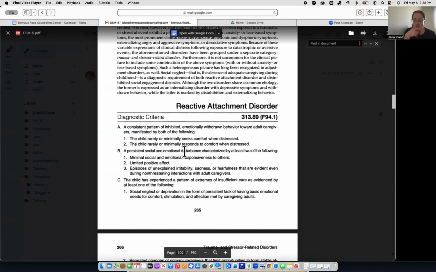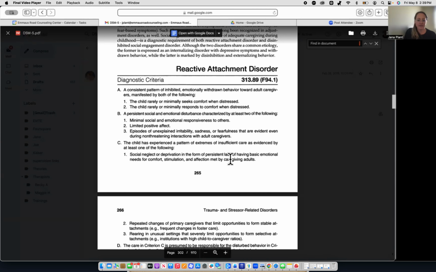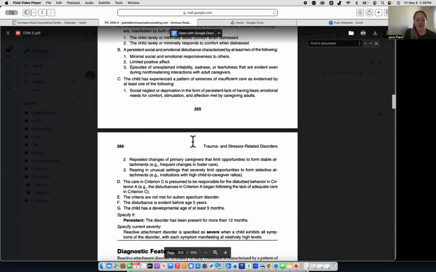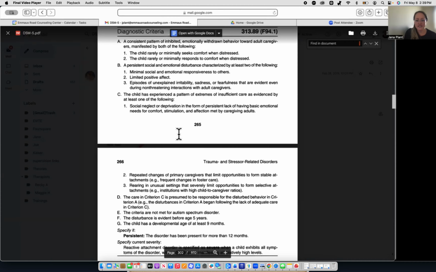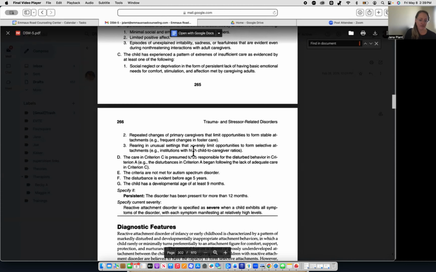But if this is something that you're interested in, let me know, and I can send you some more research and articles, and point you in the right direction if you want to get certified in helping with that population. But this is one of the trauma related disorders, reactive attachment disorder. And so just kind of going down the DSM criteria if you're interested in learning more about this diagnosis.